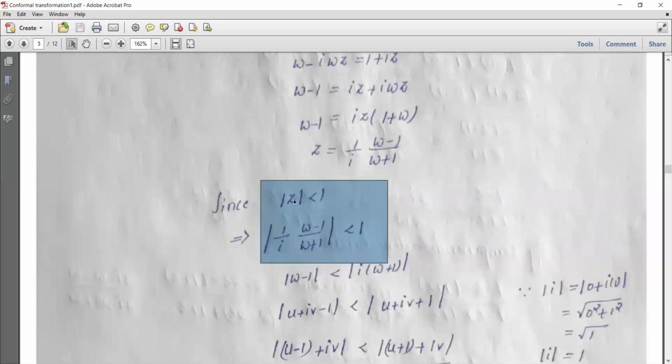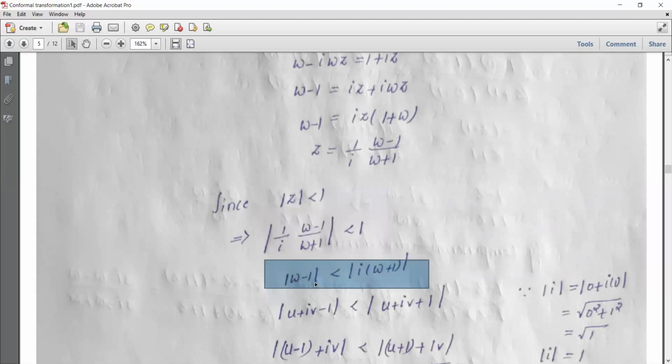I simply substituted z here. So this is the modulus of a numerator by denominator, so modulus of numerator by modulus of denominator. When you send the denominator to the right side, it will be mod (w minus 1) less than modulus of i into (w plus 1).